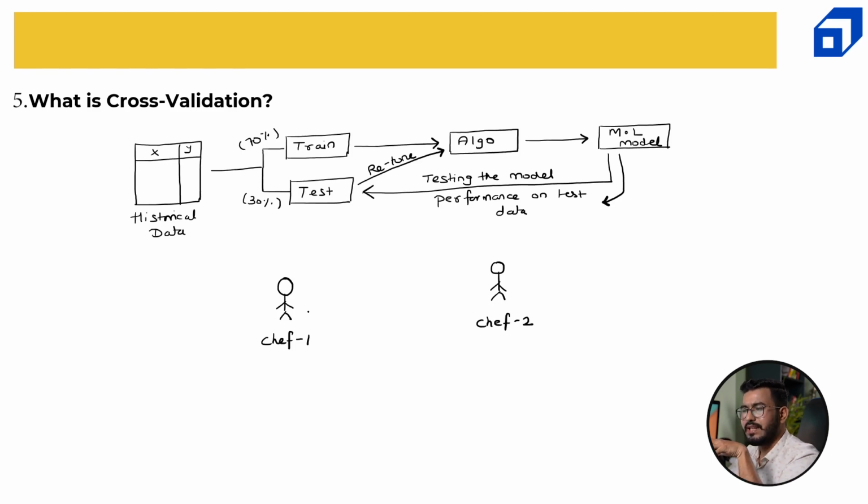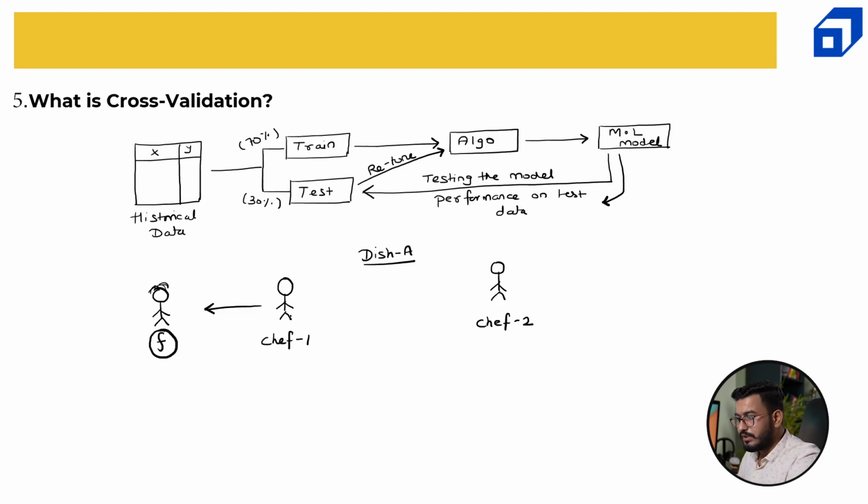Both of these chefs are trying out a new dish, let's call it dish A. Every time chef 1 prepares this dish, he always has his very close friend, let's call him F, test this particular dish.